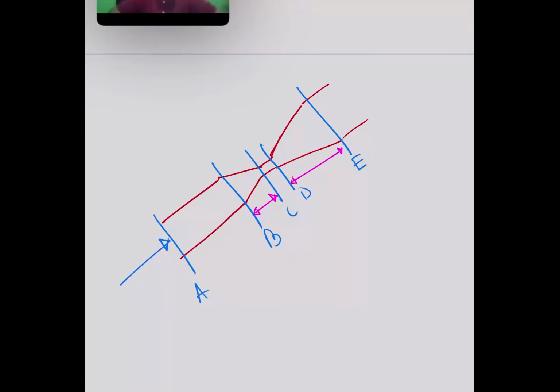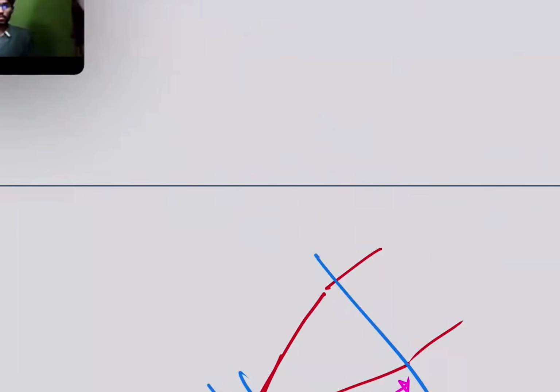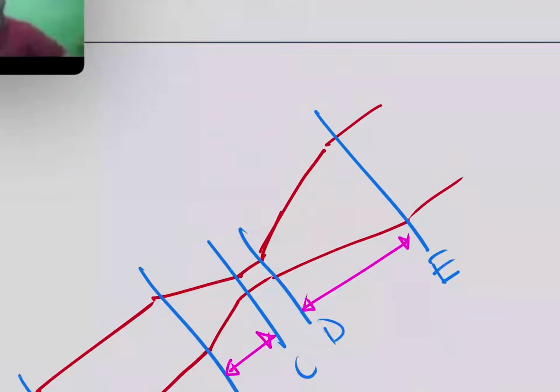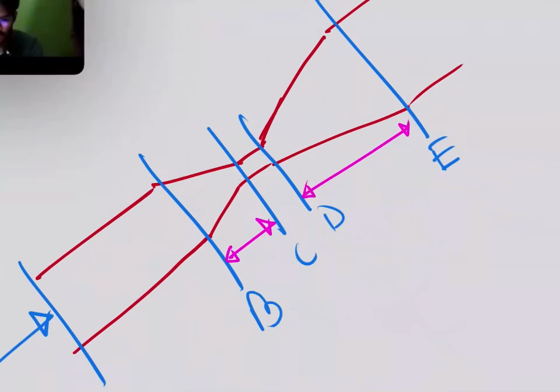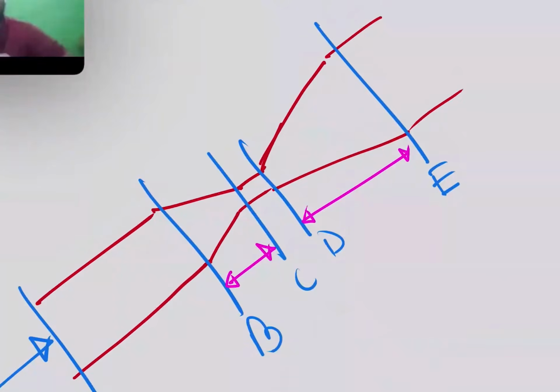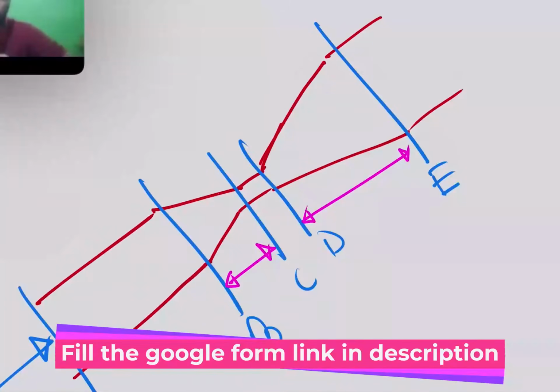Okay, fine. So now you tell me why the angle from D to E is made shorter than from B to C. Because the pressure from B to C is decreasing and velocity is increasing, and after that at the throat the velocity becomes maximum and the pressure becomes minimum.